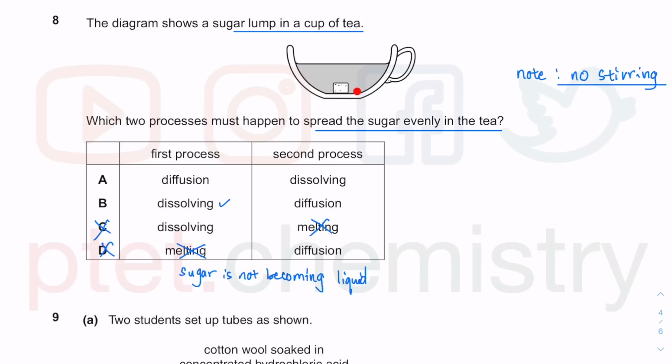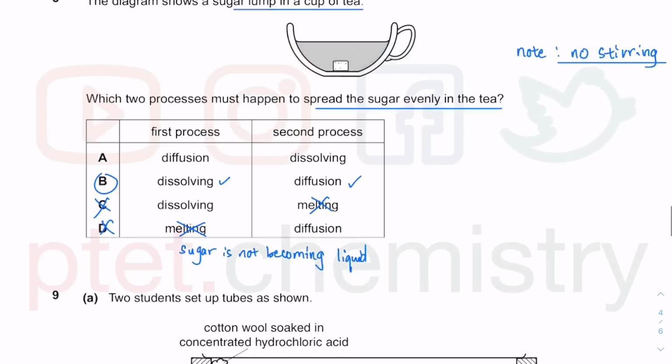They move randomly in all directions from this region of high concentration to the region of low concentration until the concentration of sugar is evenly distributed throughout. That means without even stirring, your cup of tea will become sweet as a result of the sugar lump dissolving first around these regions, and then it will diffuse outward in all directions. So dissolve first and then diffuse, and not the other way around.